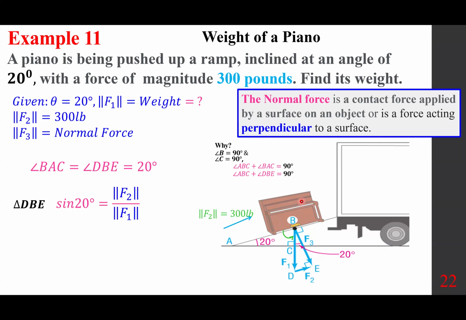Sine of 20 degrees equals F2 over F1, the magnitudes. And we know F2 has a magnitude of 300. So F1 would be 300 divided by sine of 20, and you put it into a calculator and get the answer. It must be 877 pounds. That must be the weight.